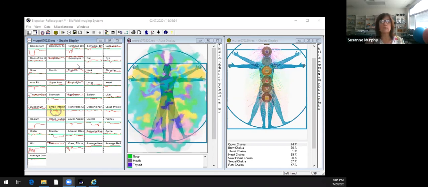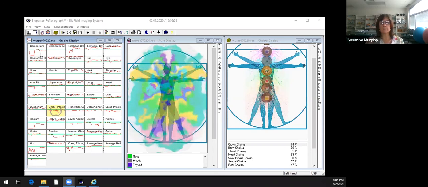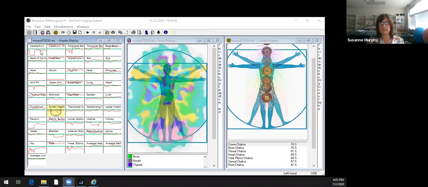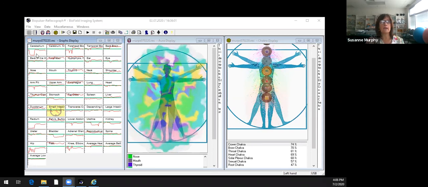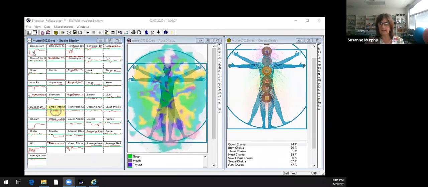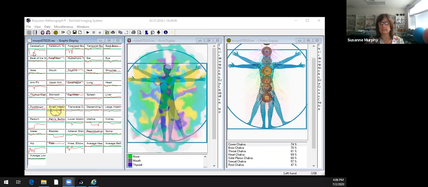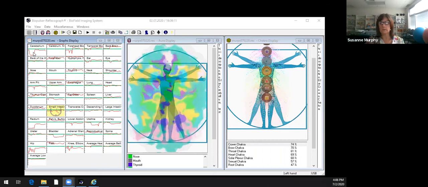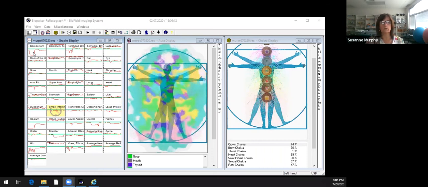So whenever I see, for example, the cerebellum, being the back brain, that has a lot to do with memory. If that's flatlining, then that person is more inclined to be forgetful and not want to think about things of the past. And I know that's true of me. I don't like to think of the past because I always want to move forward in the future. I don't like to overanalyze things and get stuck on things.